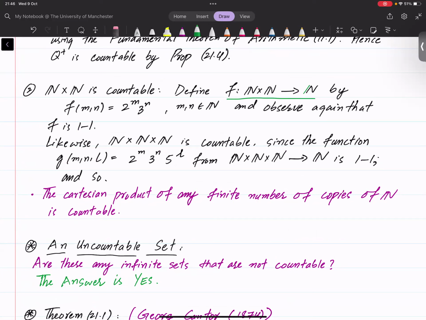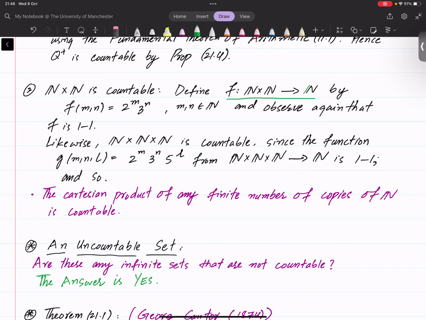Similarly, we can define a function g like this from this to this, where it is also one-to-one. So the main thing is that the Cartesian product of any finite number of copies of the natural numbers is again countable. Very good.